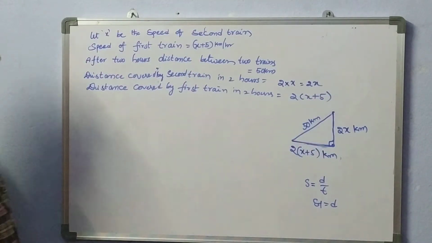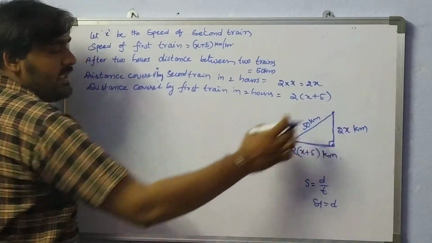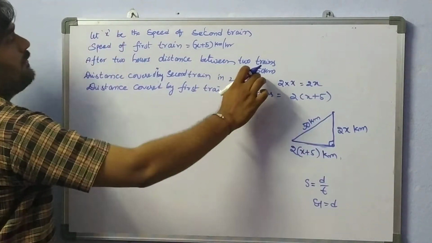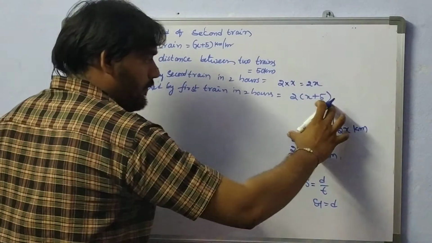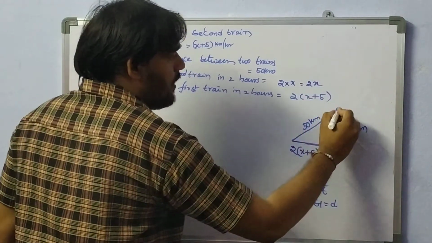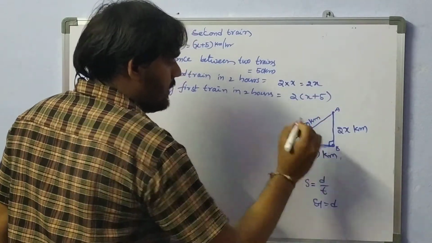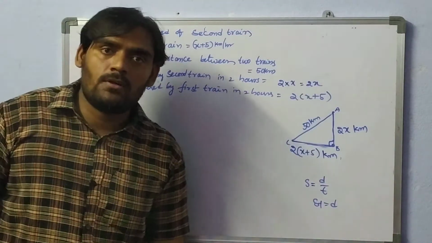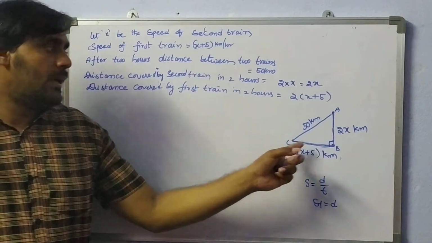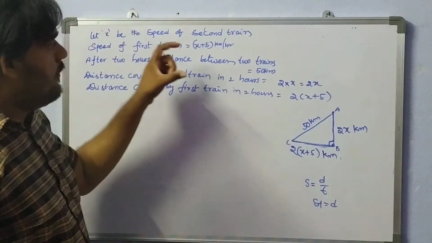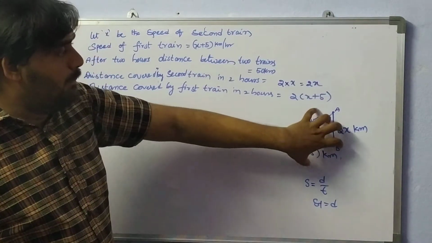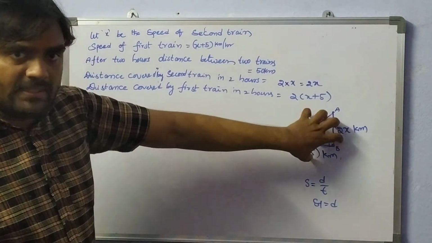Now see, we have to take this one. After 2 hours, the distance between them is 50 kilometers. If you observe this figure, it is in the form of a right angle triangle. So according to the Pythagoras theorem, the square of the hypotenuse is equal to the sum of the squares of the remaining two sides. From the information, if you draw it pictorially, it will become like this.